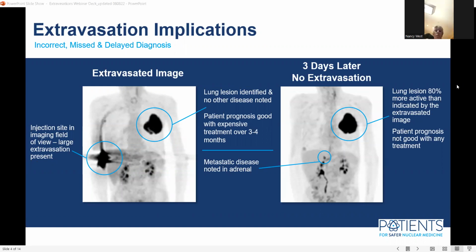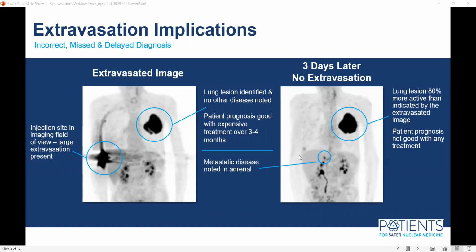So this physician re-imaged this patient 3 days later. You can clearly see there's no extravasation. You can note the differences in these images of an extravasation versus non-extravasation. Look how different these two images are. The lung lesion was still noted, but it's 80% more active than the first image.